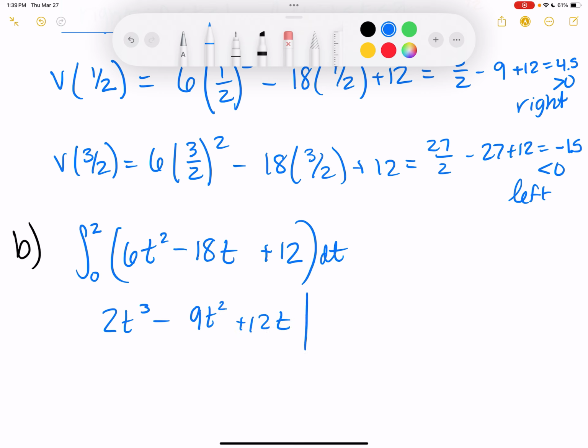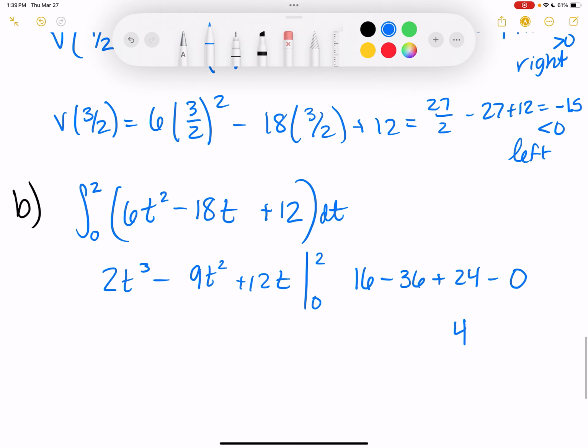So that would be 16 minus 36 plus 24. That's 4. Minus 0, because everything would be 0, would end up giving me 4. So the new position is 3 plus 4, which is 7.